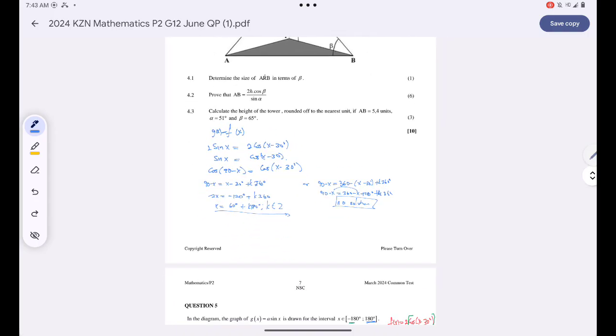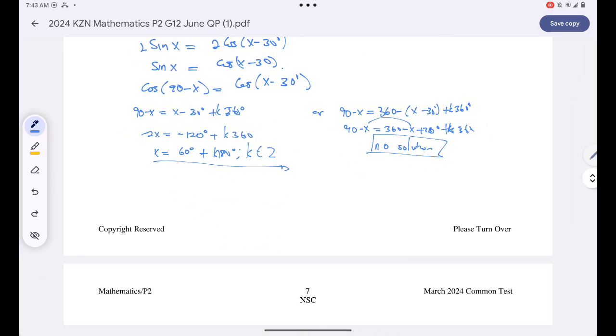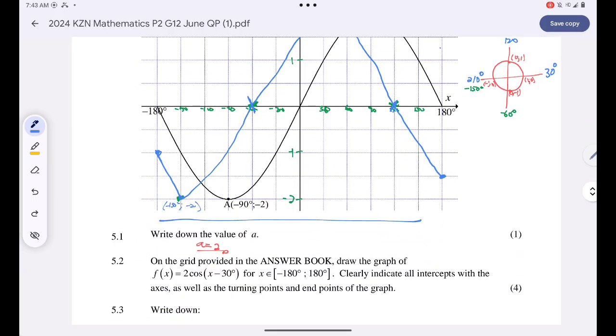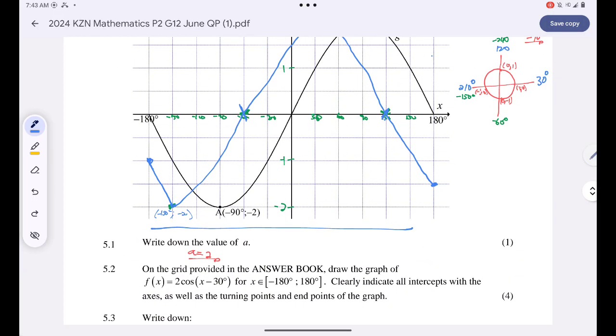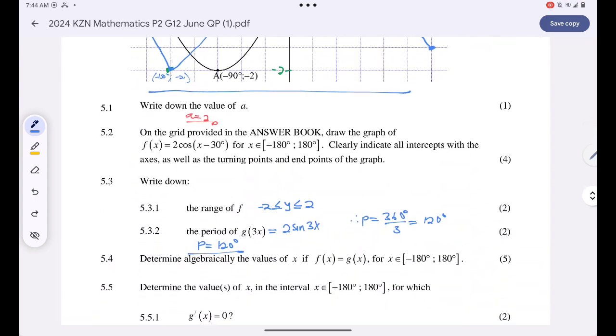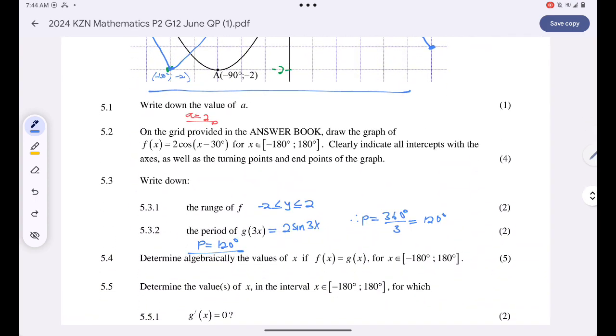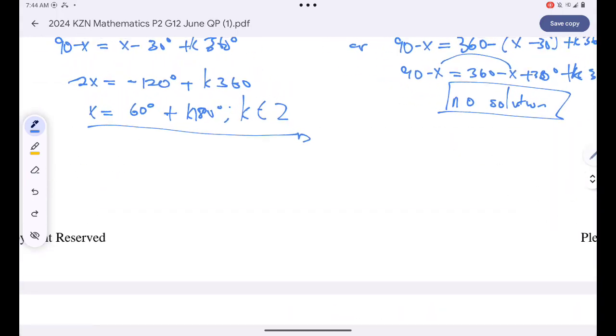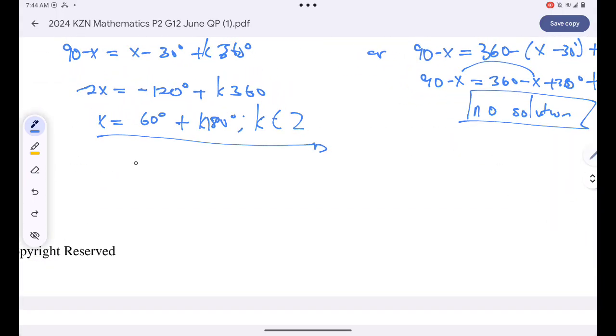So I just need to go and find the solutions within the restriction I was given. I was given a restriction of negative 180 and positive 180. So I just need to substitute different values of k. Firstly, when k is equal to 0, I know that x is equal to 60 degrees.